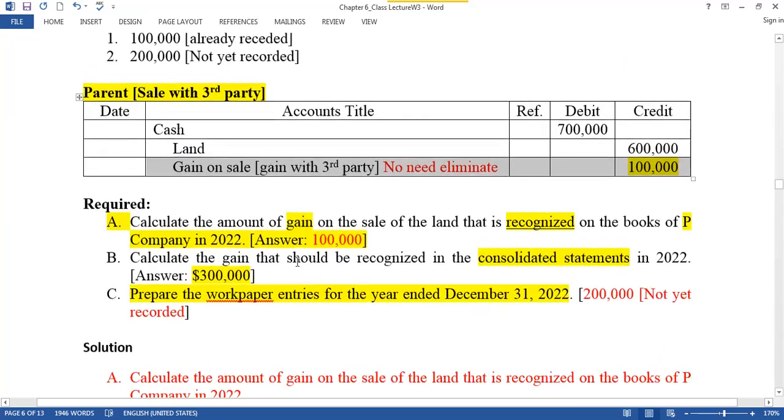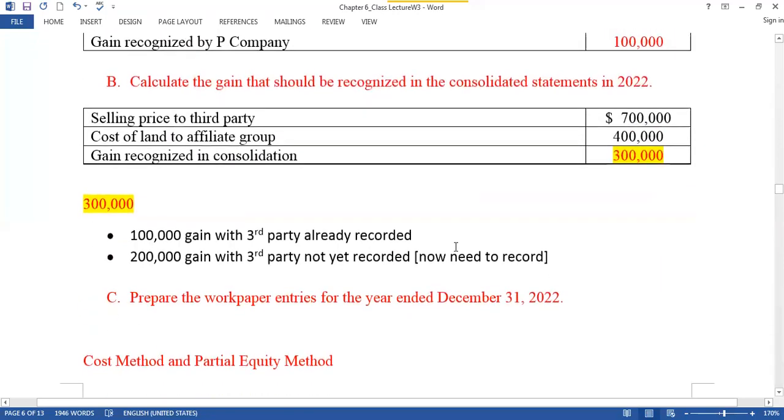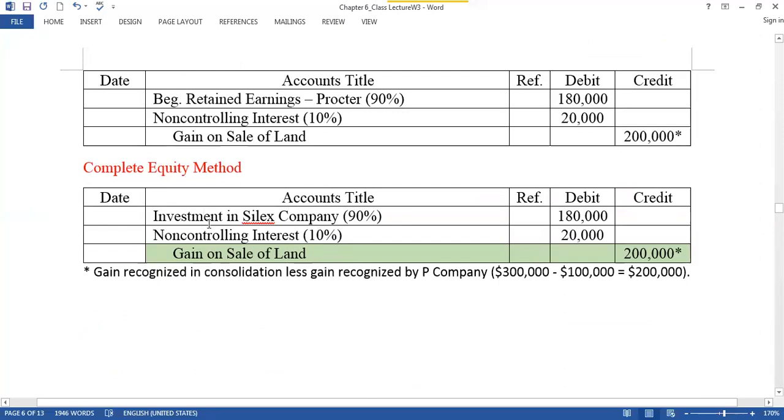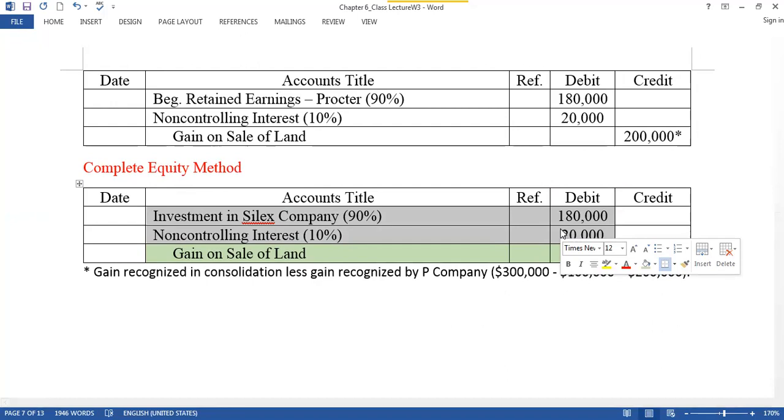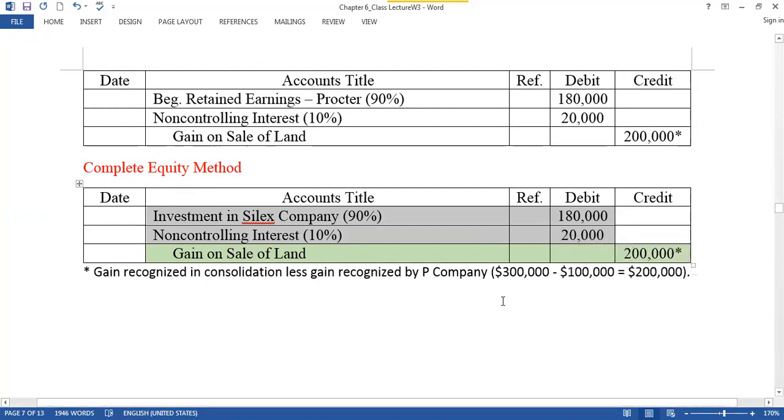And we already eliminate intercompany gain from subsidiary account. Now we have to close intercompany gain from the consolidated. So these two are totally different, but they are connected in one journal entry. Do you understand? They have different concepts.